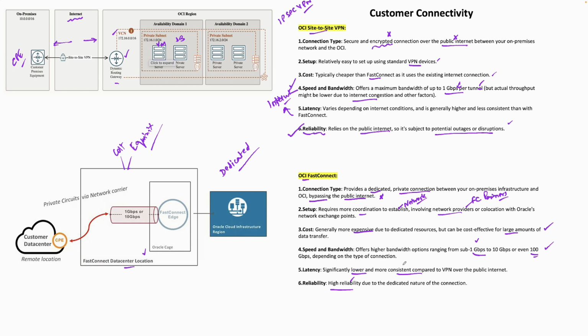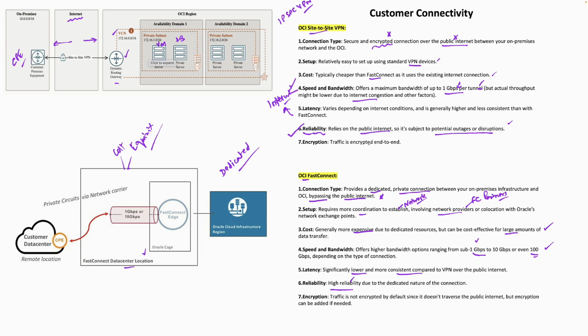You get very good reliability, and you can have backup mechanisms as well. With Fastconnect, you can have multiple leased lines between your customer premise equipment and OCI, and over there also there are multiple routers. If one goes down, the other is available. So definitely it is a more reliable way to connect.